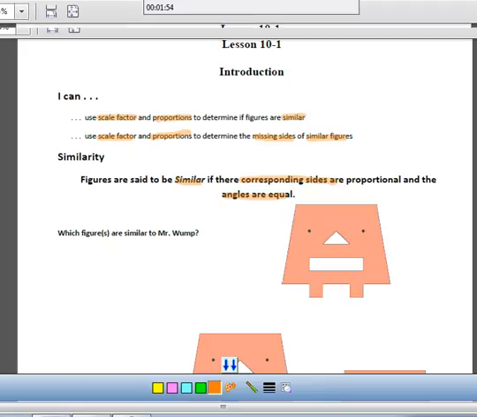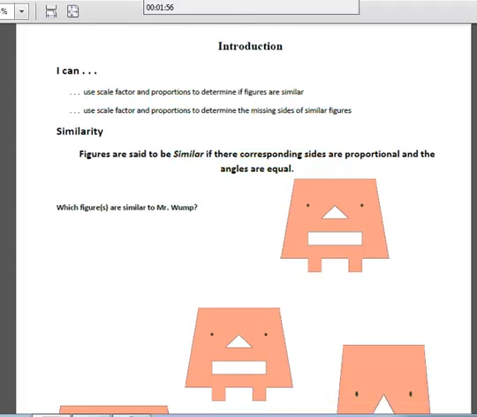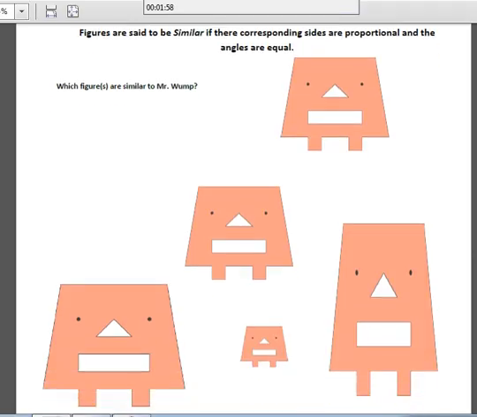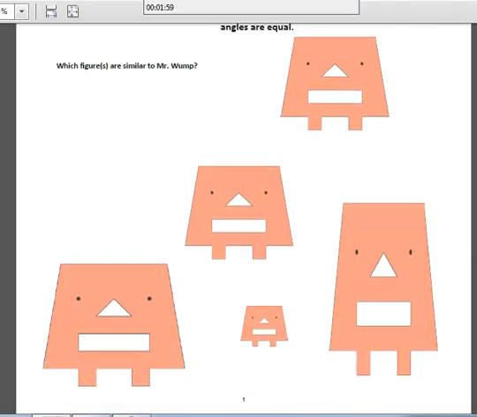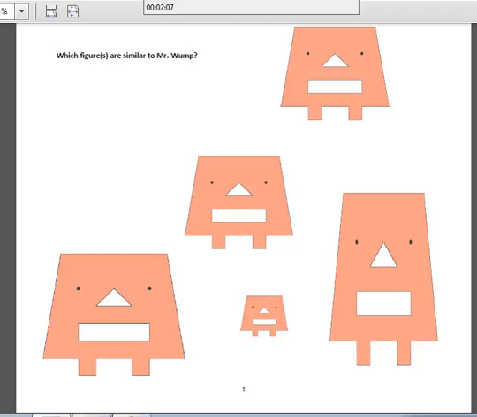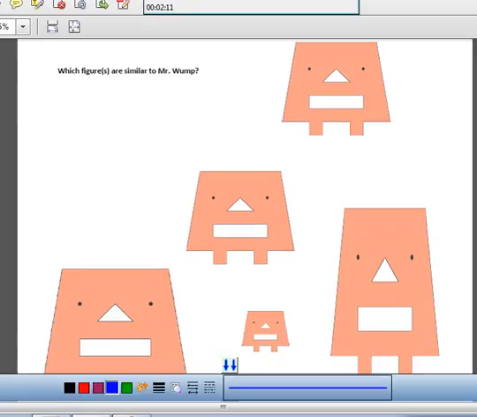Alright, so let's go ahead and move down to the bottom of the page and examine our example a little more closely. So it says, which figures are similar to Mr. Wump? This odd looking character here is who we are calling Mr. Wump.